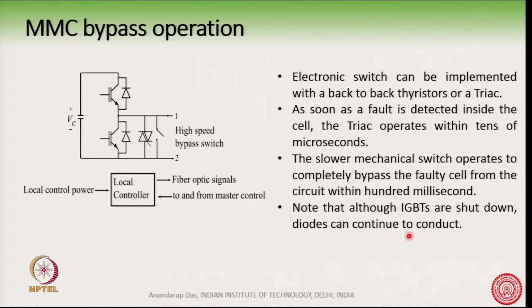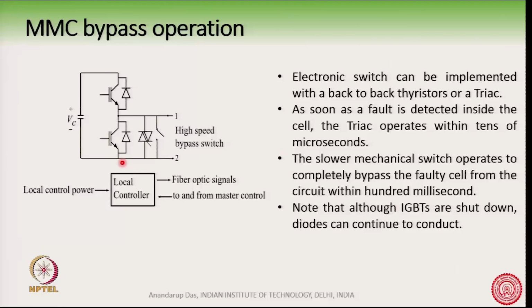So, remember that one of the features of a half bridge is this: suppose we have not operated the bypass and we have simply shut down the IGBTs by turning off the gate pulses.